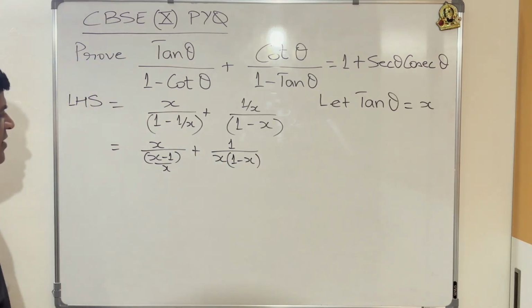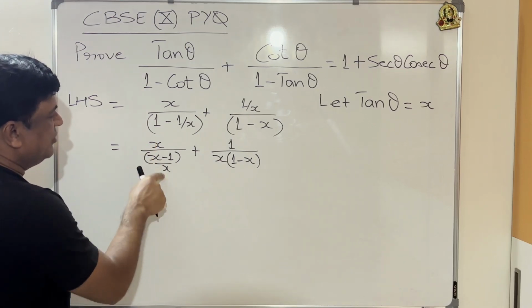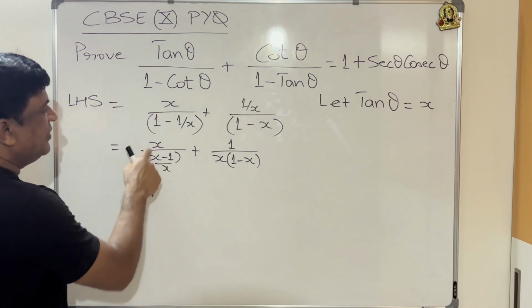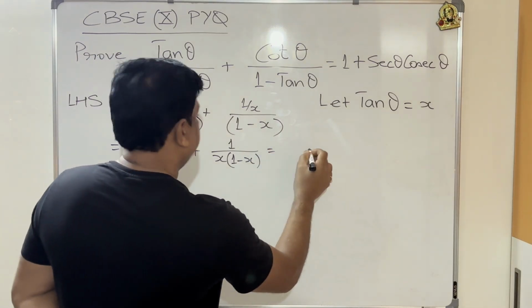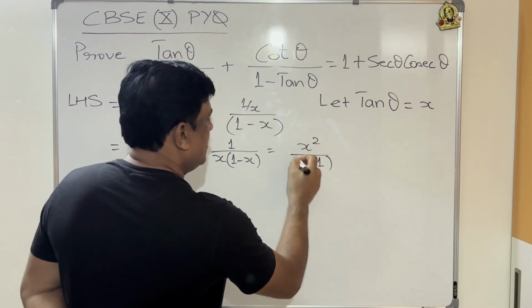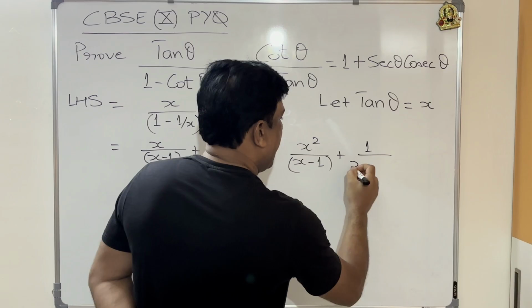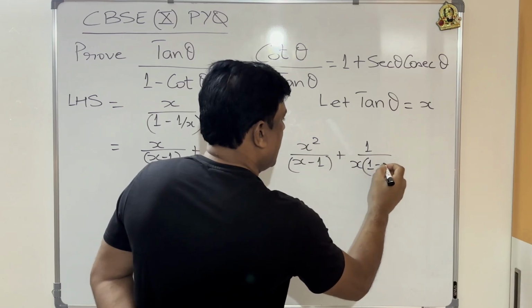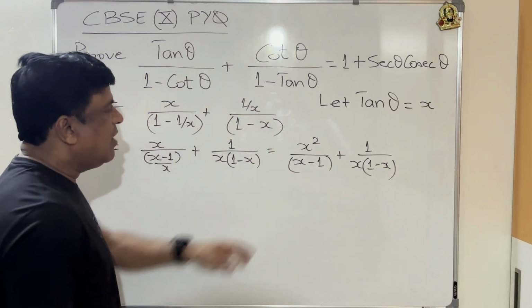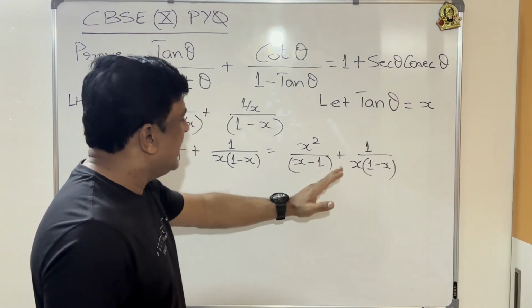Fair, right? So now what can I do? I can basically take this x to the numerator because it's in the denominator over here. So this will become x square by x minus 1, plus 1 by x times 1 minus x. Now can I make these two the same over here so that I can take it out?